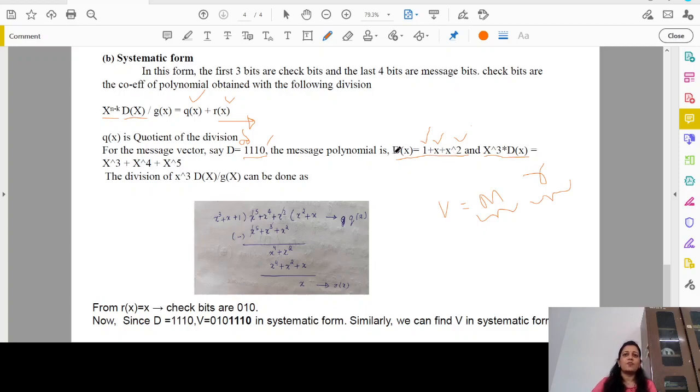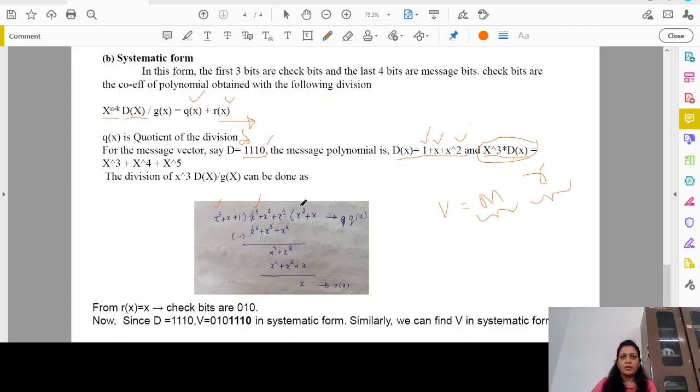Now since we have obtained this x power n minus k into d of x, divide that with g of x. So here I am rewriting x power n minus k into d of x, and division has to be performed with g of x. So I am writing g of x over here. Now I can see that the highest power here is 3 and here the highest power is 5.